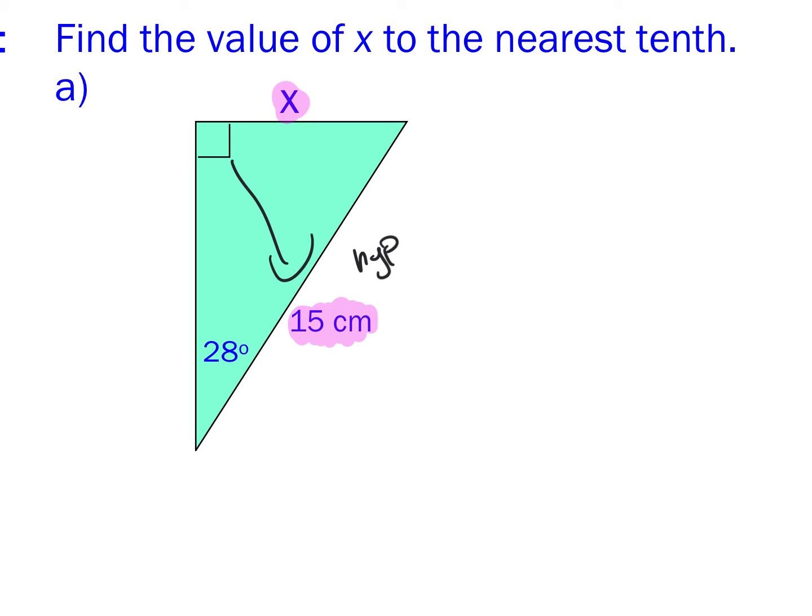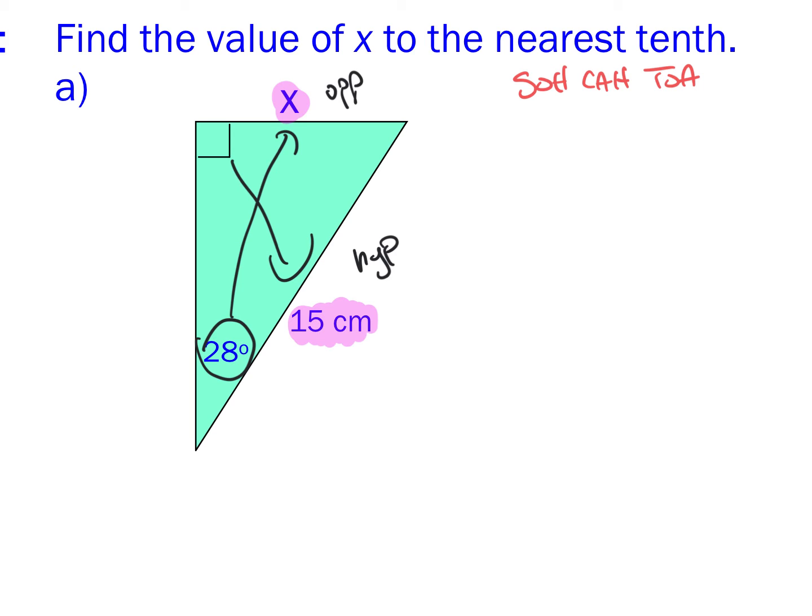Now, what is the x? The x is opposite to 28 degrees, so it is the opposite. So in this question, we're dealing with the opposite and the hypotenuse. And so what we need to do is remember SOHCAHTOA, because SOHCAHTOA will tell us whether we are using the sine, the cosine, or the tangent.